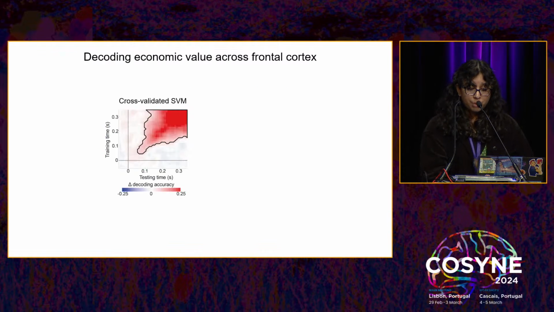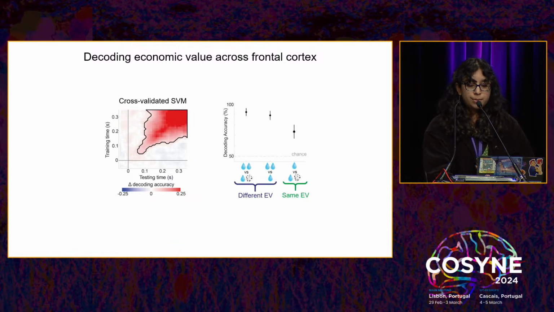To investigate these representations at the population level, we employed a linear population decoding analysis to test how well we could decode economic value from neural activity across all recorded cells at the time of stimulus onset. We found that we could decode which stimulus was shown on the screen with a high level of accuracy across all conditions.